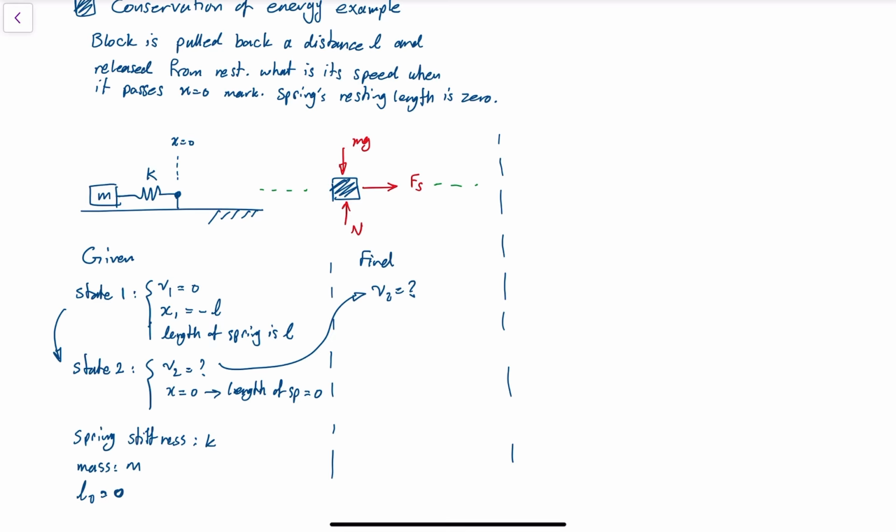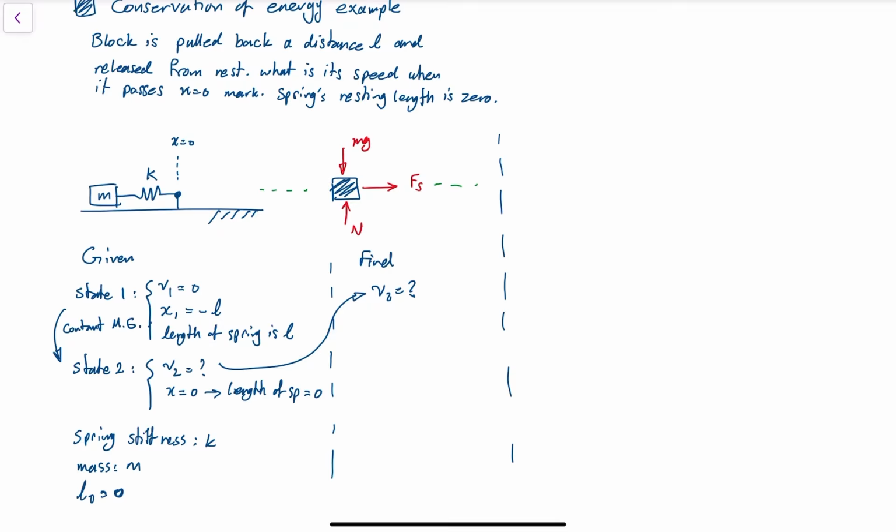So the only force that does work is the force of a spring, which, surprise, surprise, is a conservative force, meaning that the entire mechanical energy of the system should remain conserved. So really this transition from state 1 to state 2 or any other state during this motion is characterized by constant mechanical energy.